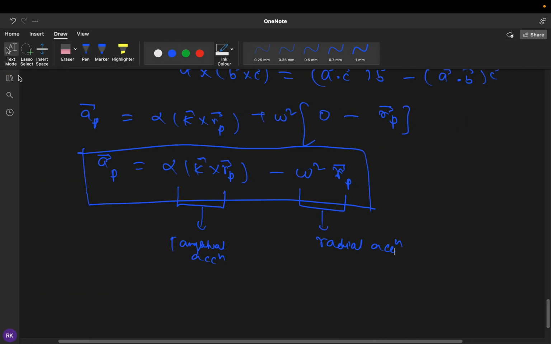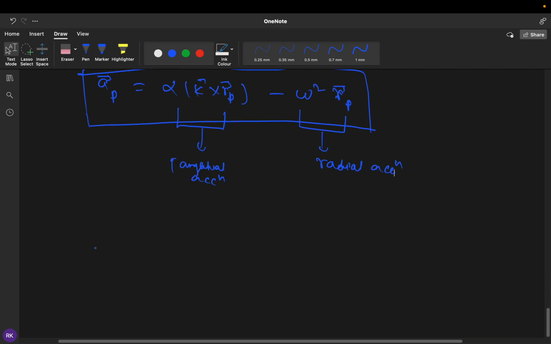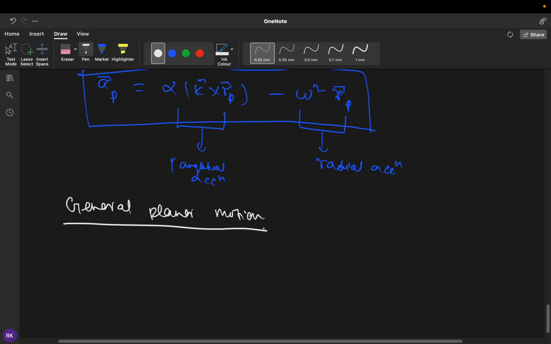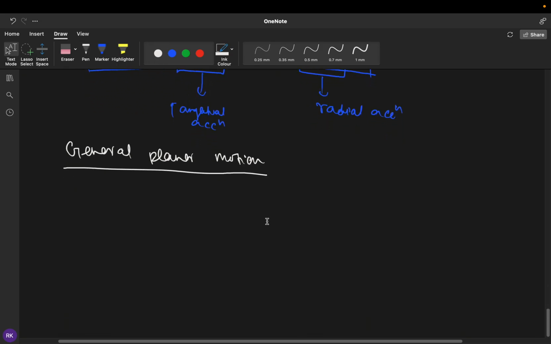So the next topic is, earlier I talked about only translation and pure rotation. Now I'm talking about general planar motion, where there is a mixture of rotation and translation.